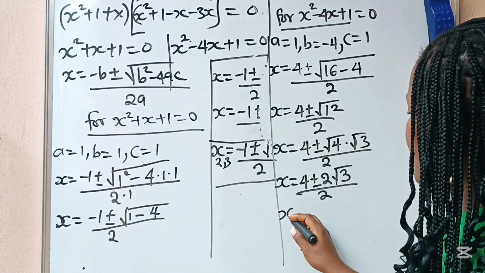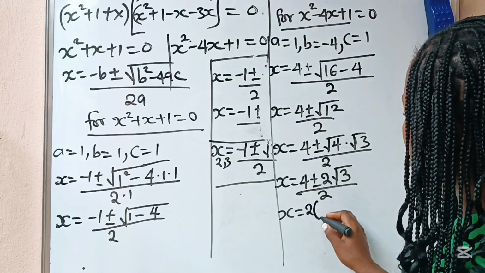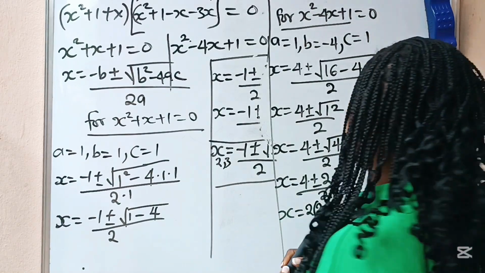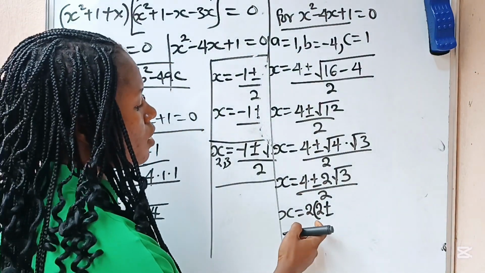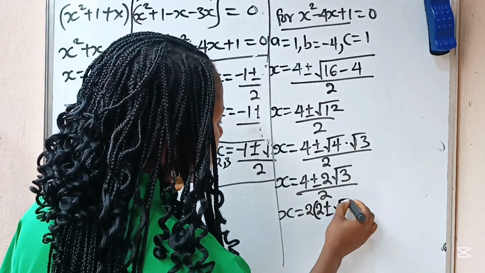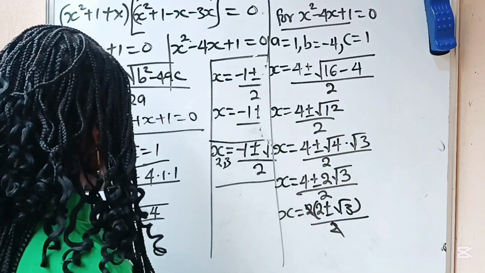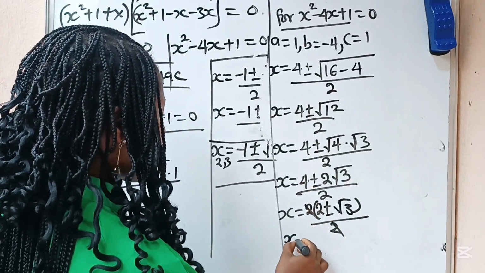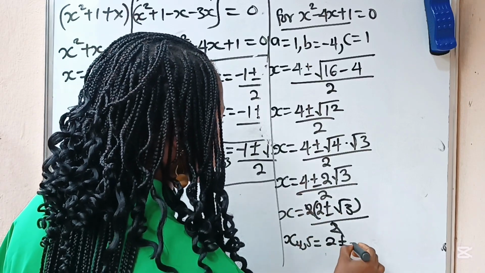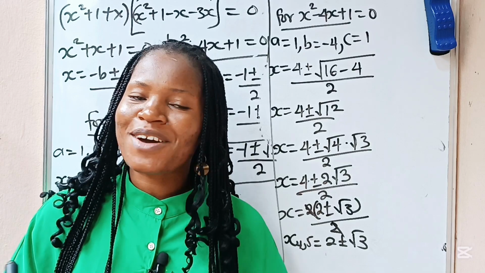If we factorize 2 out, permit me to come here since you can't see me again, we get 2 times 2 plus or minus root 3, everything divided by 2. Now we cancel these two, and we are left with the fourth and the fifth values of x equal to 2 plus or minus root 3. So these are the values of x that we are asked to look for.